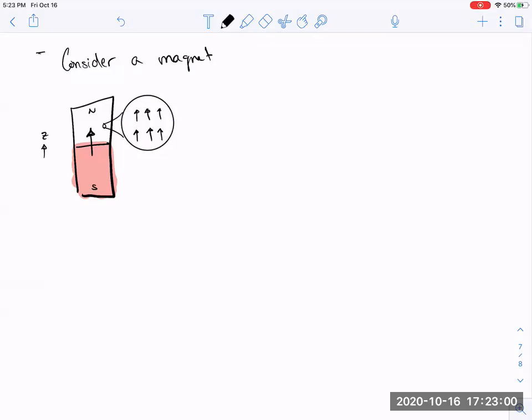So if we could look into that magnetic moment, if the net magnetic moment was pointing up, that would mean that all of the spins are aligned in the up direction.